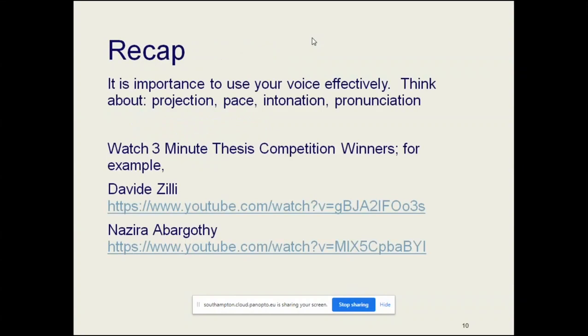So we've been looking at the importance of how to use your voice effectively, thinking about pace and projection, intonation and pronunciation. So we're thinking about asking yourself, are you easy to listen to in terms of your volume and speed?